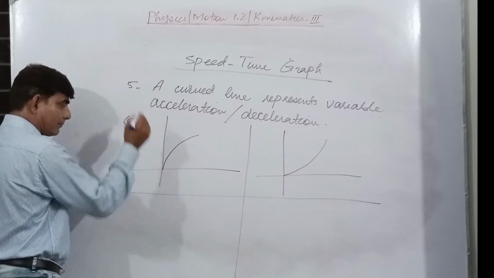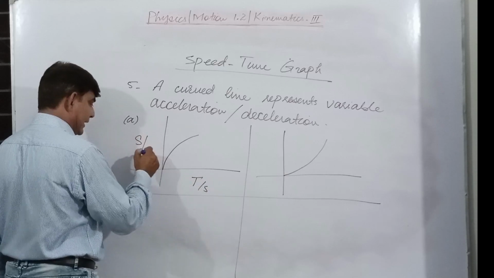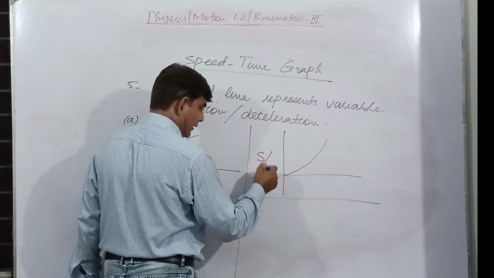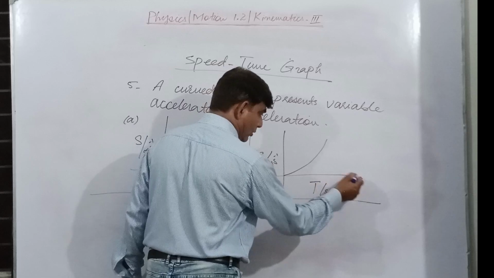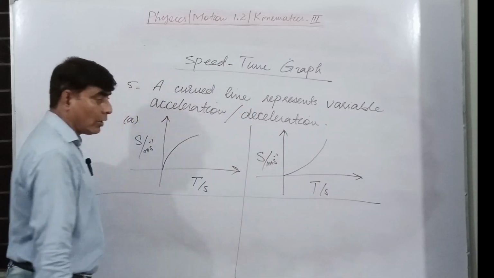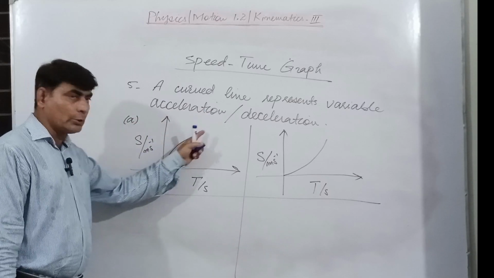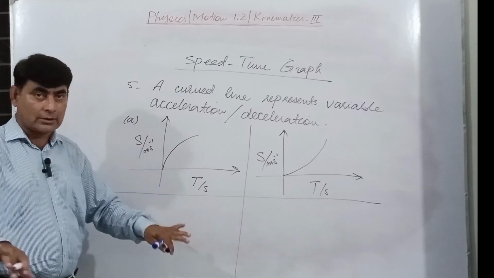This is part A. You know, this is the time axis and this is the speed axis. Speed in meter per second, time in second, along x and y. So already I have discussed a curve going to be parallel to the x-axis, meaning decreasing.